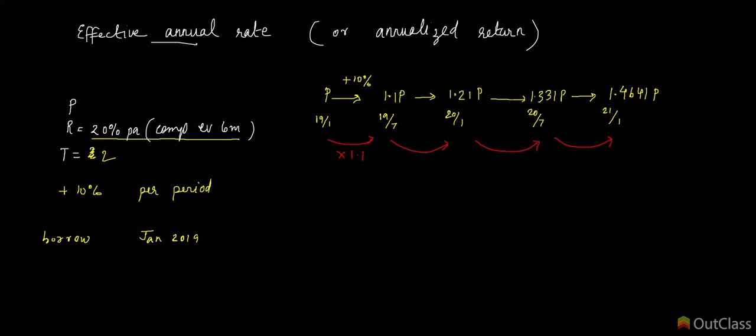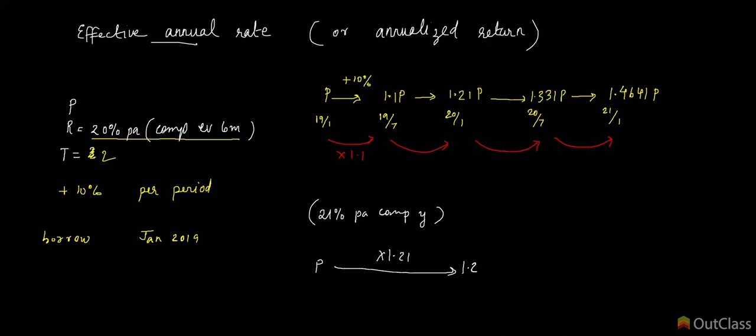Now let's just say I give you another different scheme of compound interest where it is 21% per annum compounded yearly. This is gonna give me Jan 2019, in 1 year it will become into 1.21.